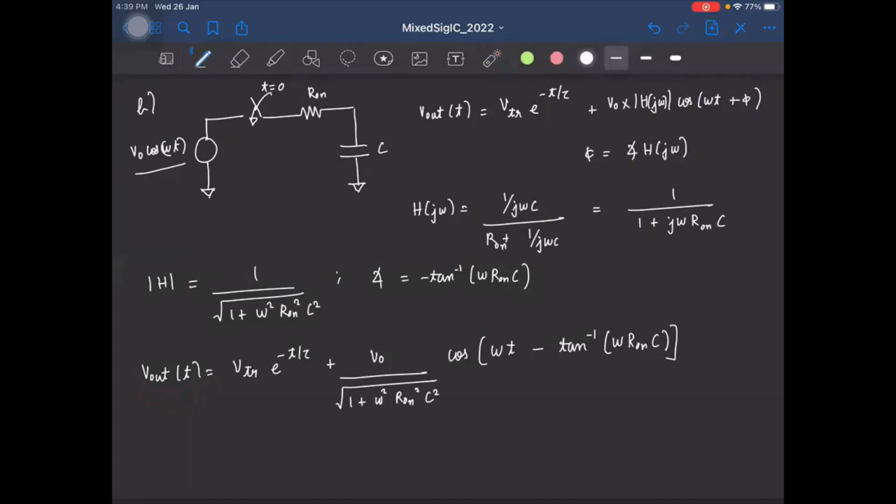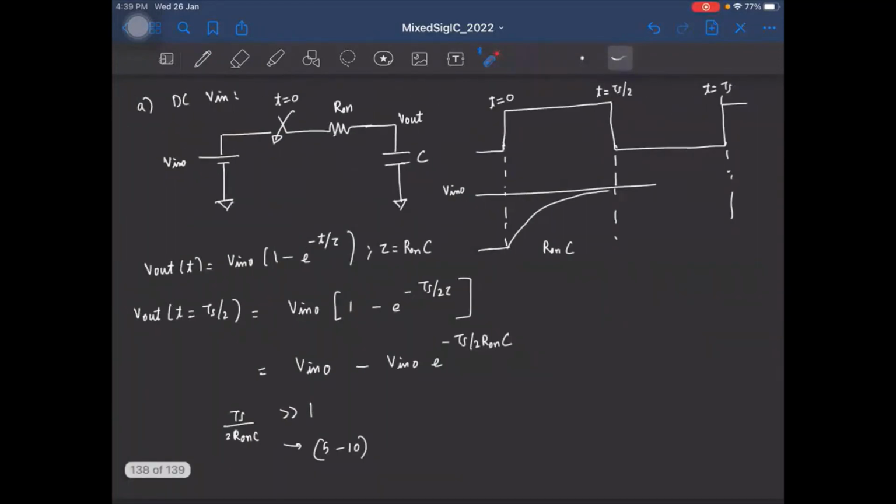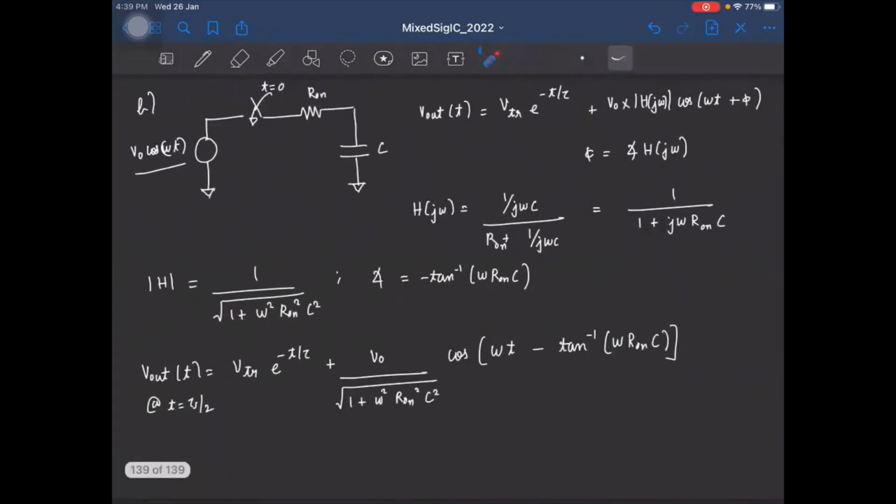But the important thing to notice is that here we have two error components, right? One is this transient portion, which is similar to the error we got here. So this will decay to 0, but we also see that the steady state portion has a scaling for the magnitude and a change in phase, right?